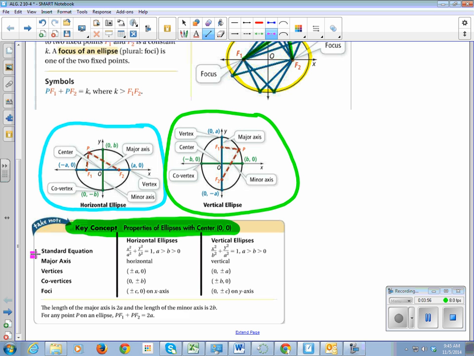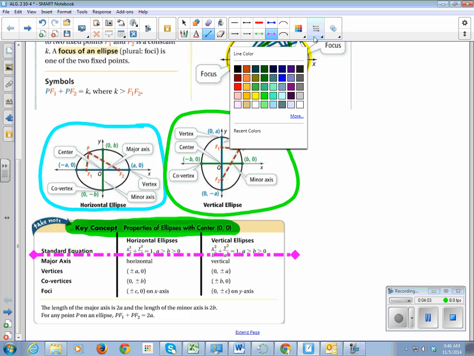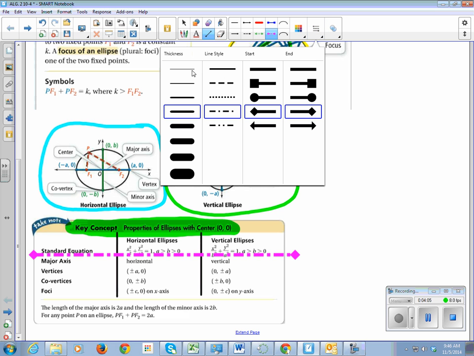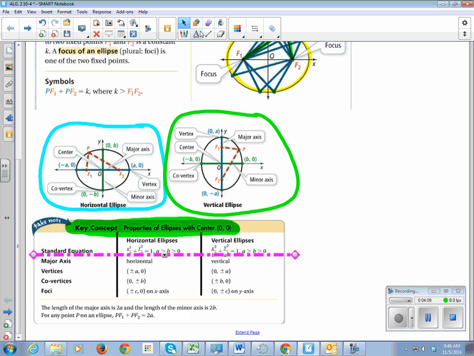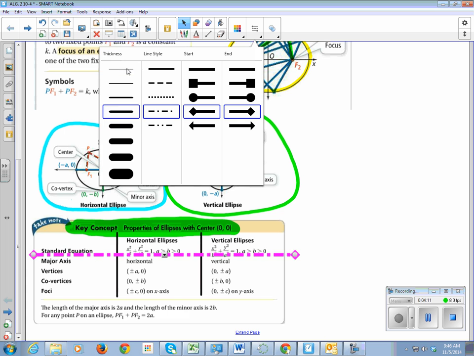And this line is really thick. Get thinner. There we go.